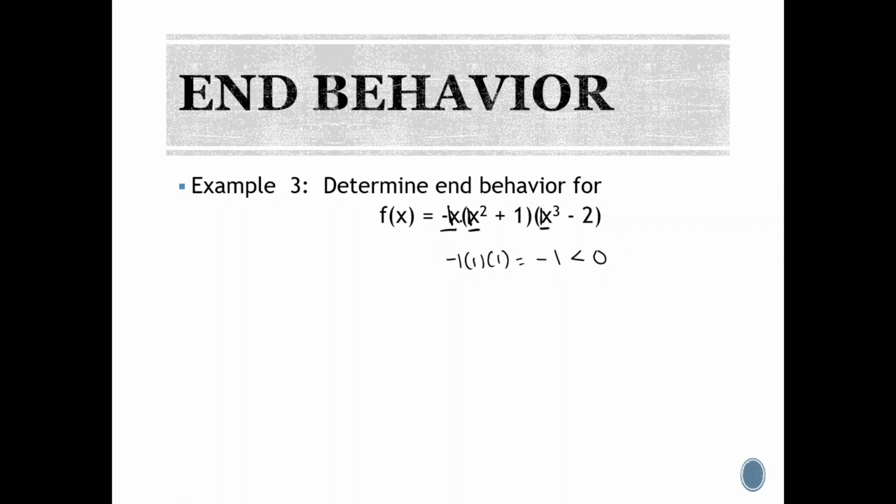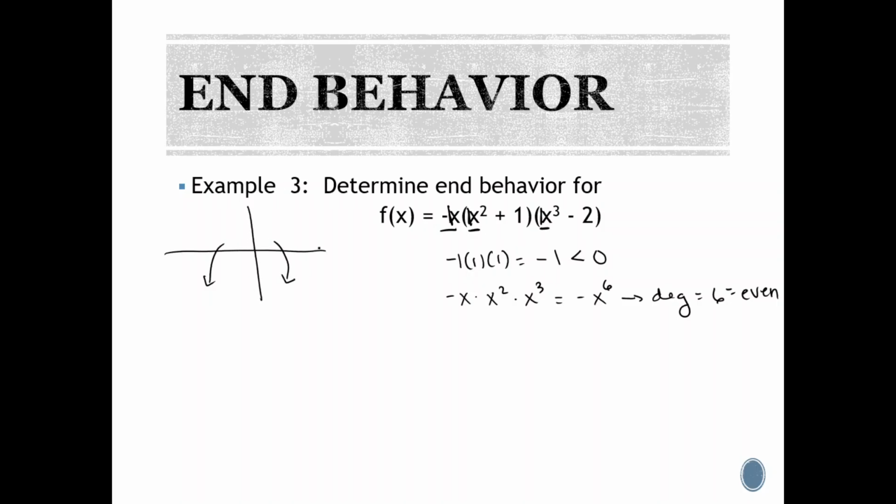I also need to multiply these leading terms, so -x times x squared times x cubed, to realize that my degree is 6, which is even. So if I have a negative leading coefficient and an even degree, then the function is going to go down.